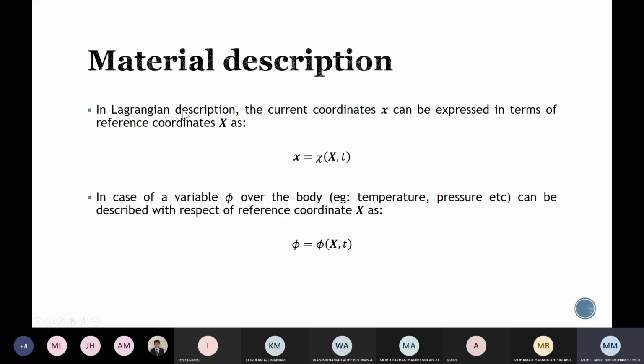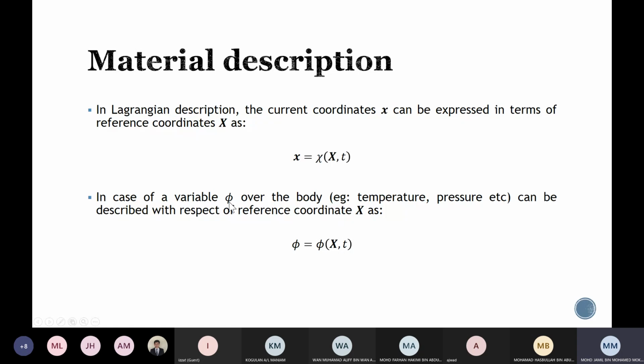Okay, so in Lagrangian description, the current coordinate small x can be expressed in terms of reference coordinates, big X. So this is the original mapping. Okay, so to find the small x, you just describe it by using the mapping chi. So this is the material description. Okay, so to find the point small x, just substitute the point big X into the mapping.